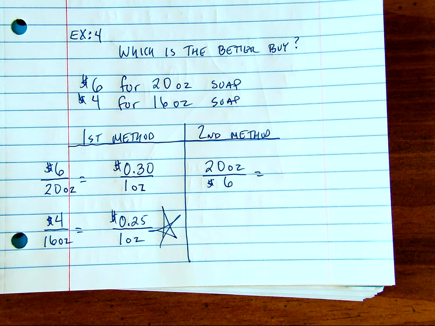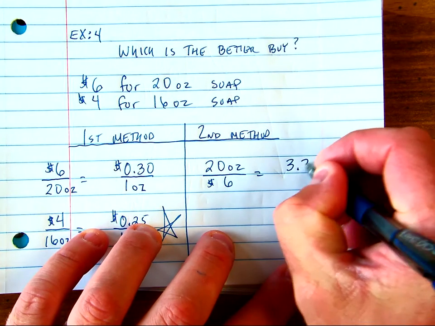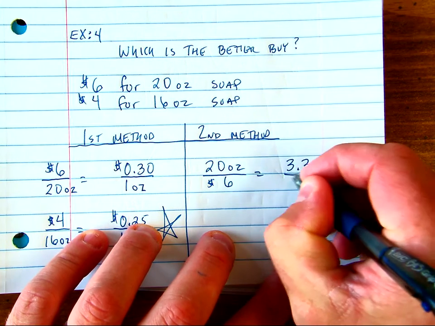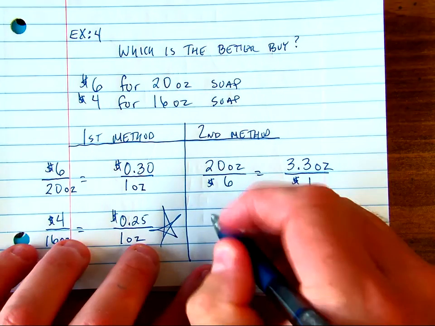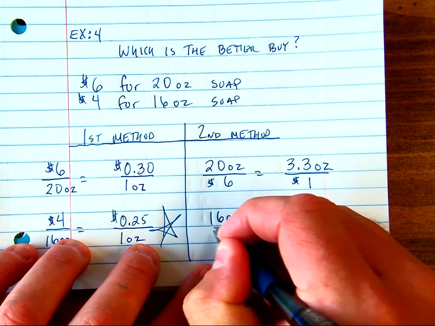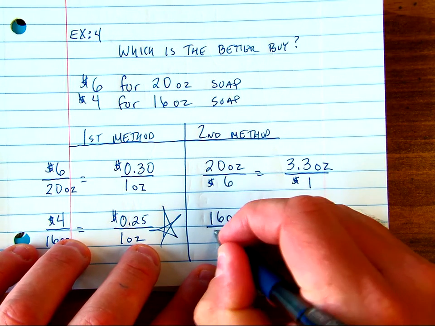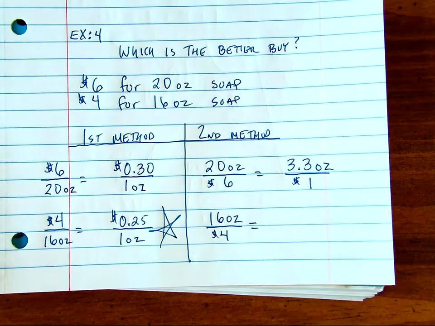What's 20 divided by 6? 3.3333. So 3.3 ounces per $1. And then what's 16 ounces divided by $4? How much? 4.